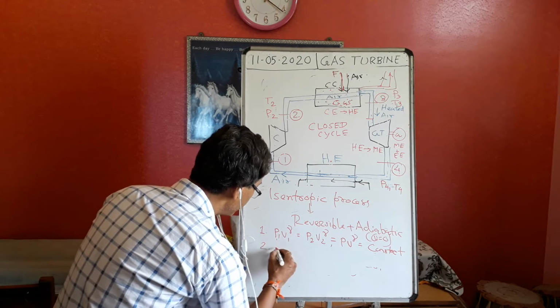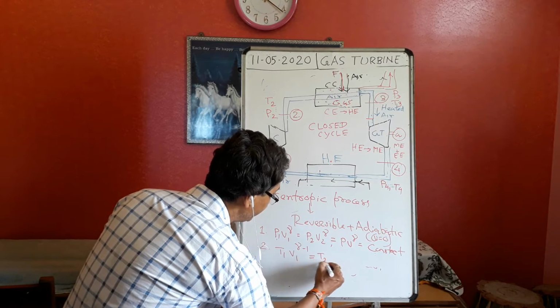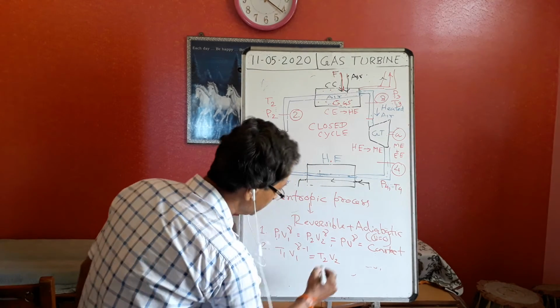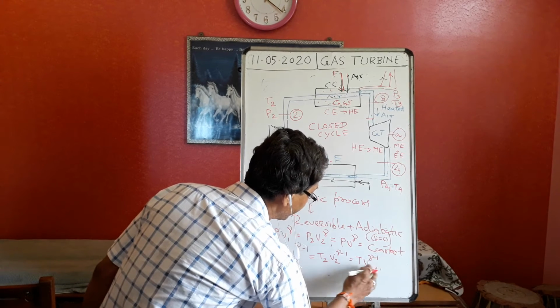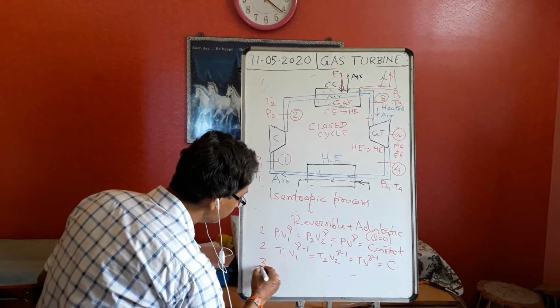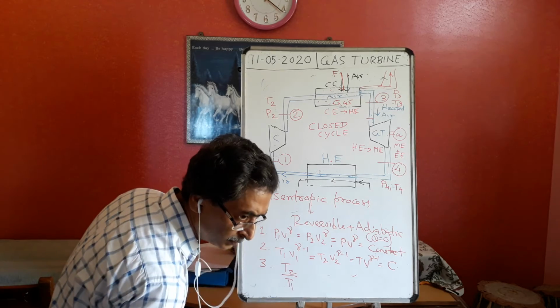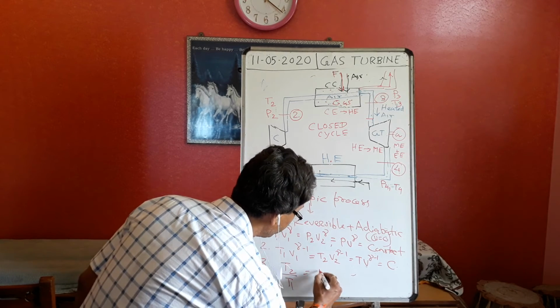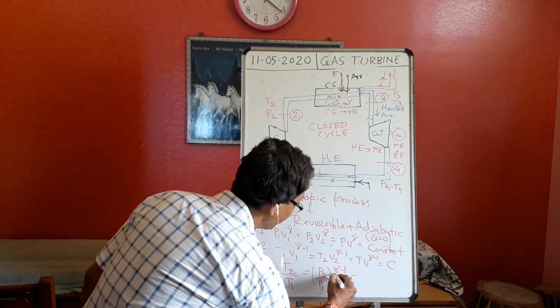Second, T1 V1^(gamma minus 1) is equal to T2 V2^(gamma minus 1) is equal to TV^(gamma minus 1) is equal to constant. Third formula, T2 by T1 is equal to (P2 by P1)^((gamma minus 1) by gamma).